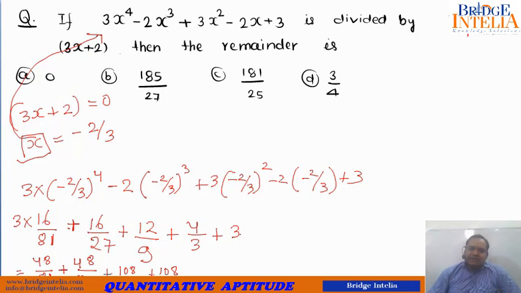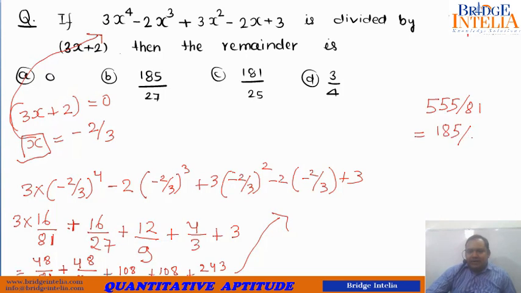And then this can be written as 81 into 3, 243 divided by 81. So let's see what this comes out to be. So this actually comes out to be equal to 555 divided by 81. And this can further be cancelled, both are multiples of 3. So this will be 185 divided by 27. So this is the correct answer.